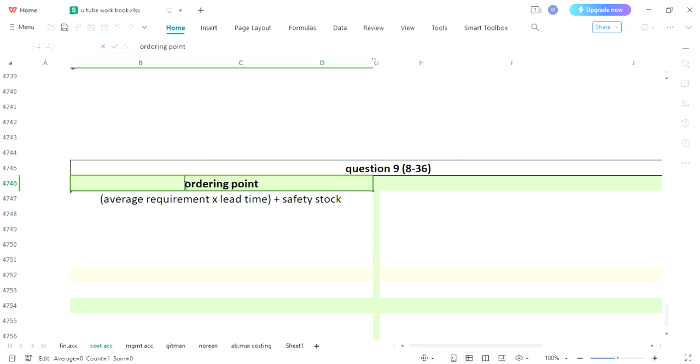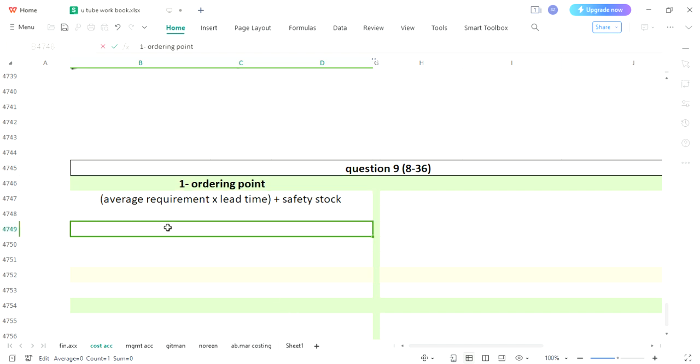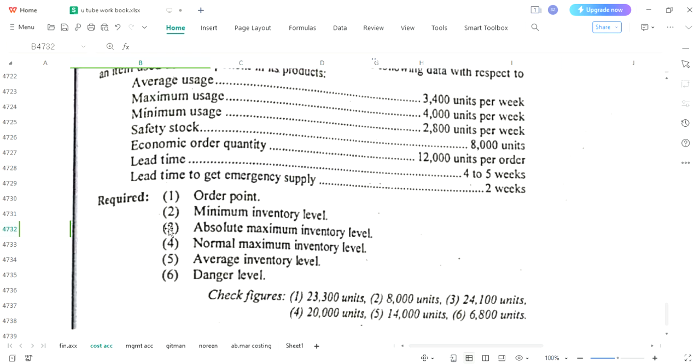Instead of writing formulas of all requirements, we will write the formula of a particular requirement, calculate it, check the answer, and then go to the next requirement, and in the same way we will perform our functions. So first we are going to solve this ordering point in case of safety stock, average requirement.